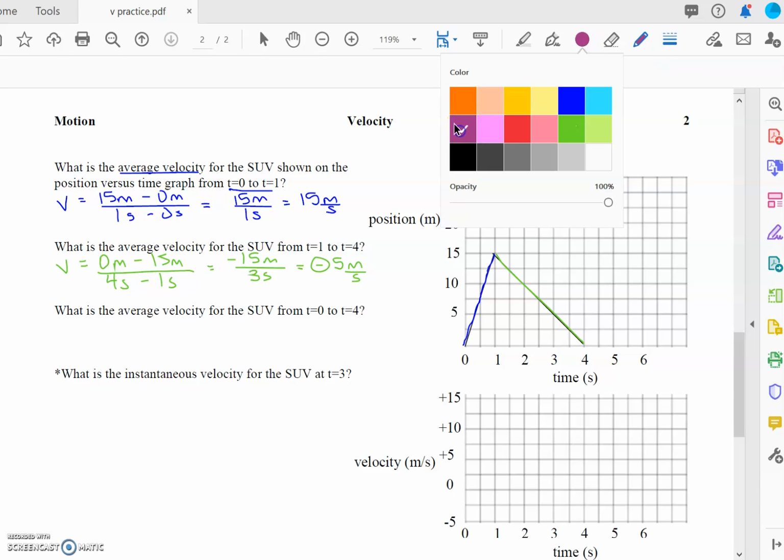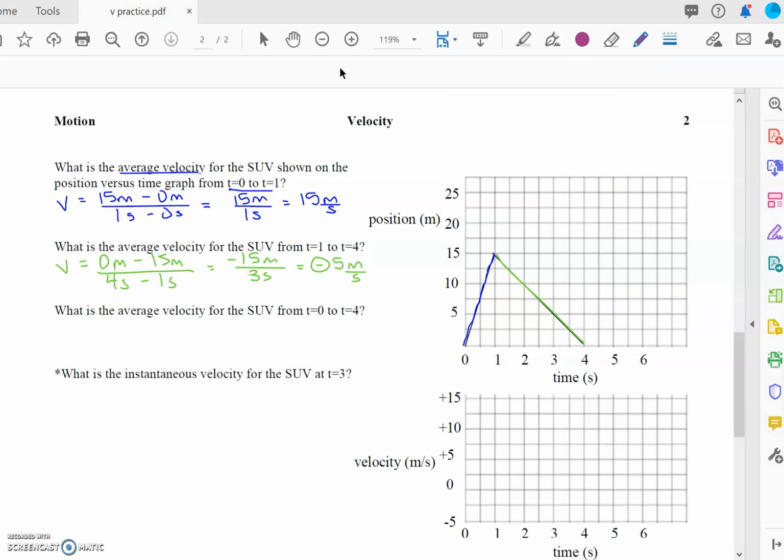Now let's do the average velocity of the entire ride for the SUV. I'm going to take the final minus initial displacement. The velocity depends on doing x final minus x initial over t final minus t initial. So if you look, the final position of the car at 4 seconds is 0 meters.